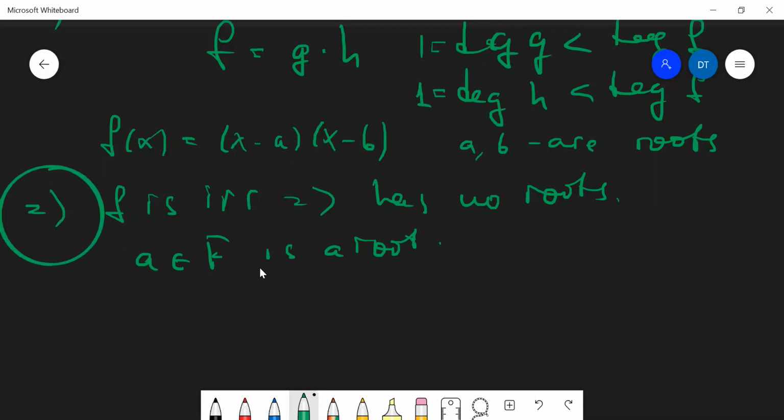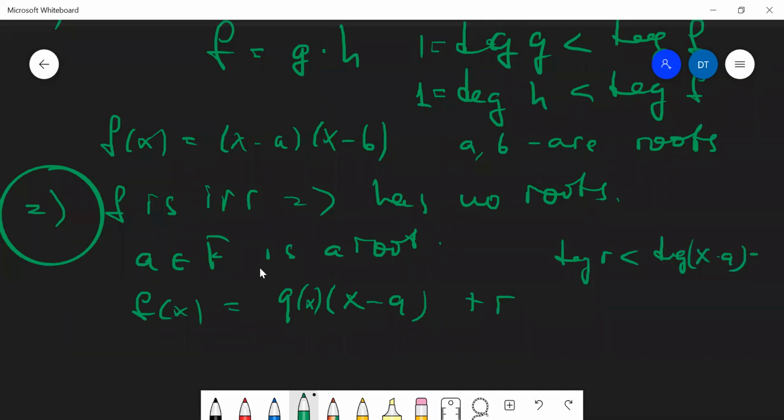It doesn't matter. This one holds. And here you can divide f of x by the polynomial x minus a, and you will get this plus r, and r is a polynomial of degree strictly smaller than the degree of x minus a, which is 1. So r is a constant.